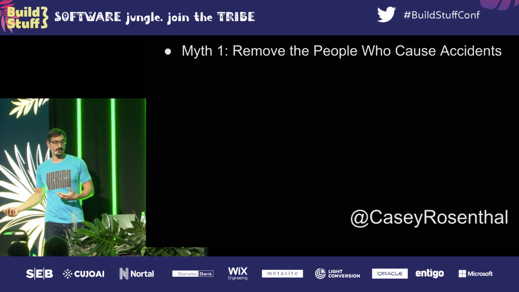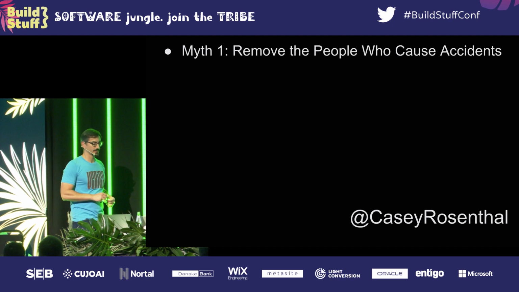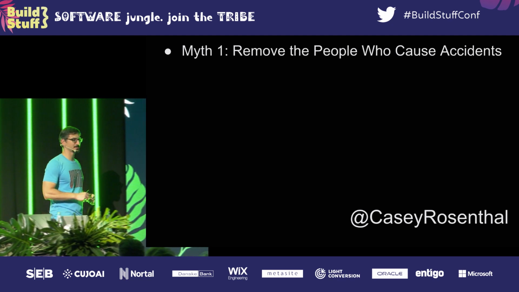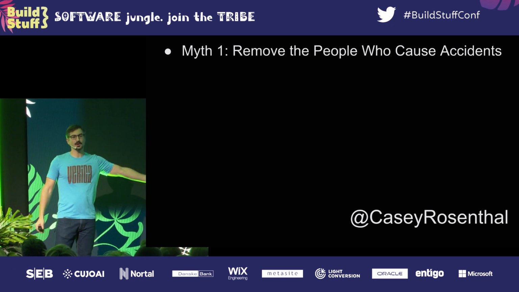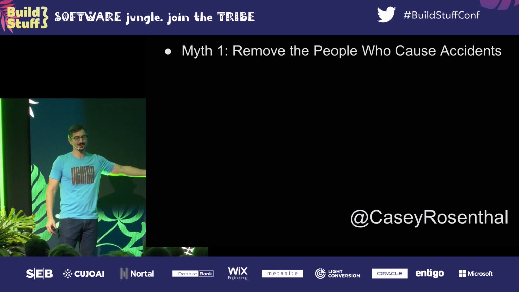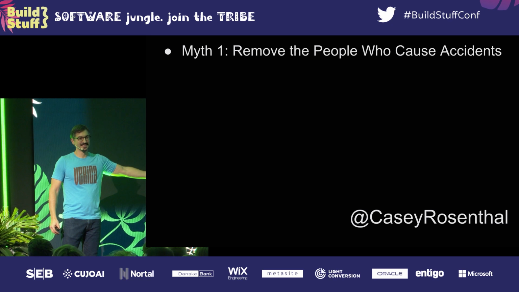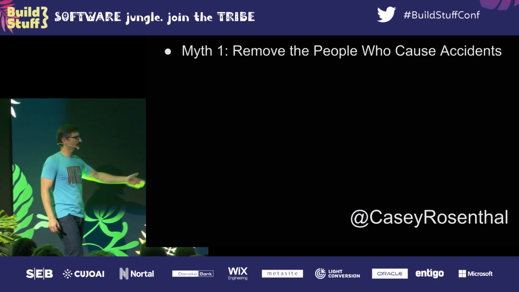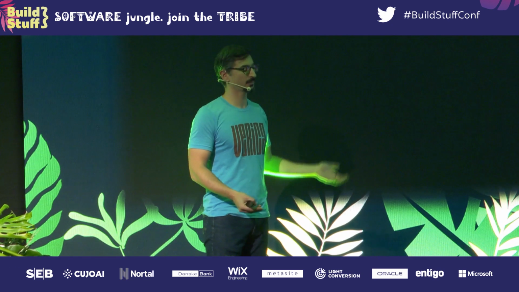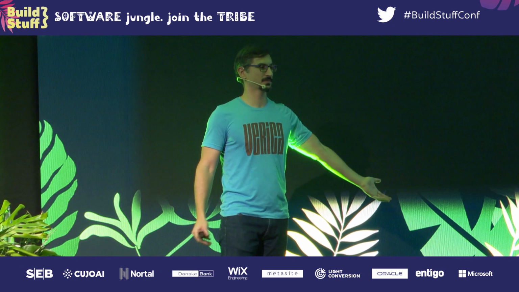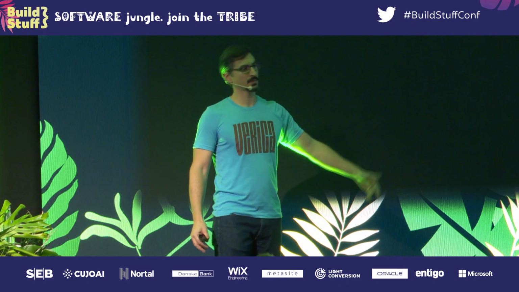In the literature, it's called the bad apples method of management. If you just find the bad apples, like, oh, Joe, he's always there when the server goes down. And because of that geographic coincidence, clearly he's somehow correlated with that. And if we get rid of him, then the outages will go away. A lot of people believe this is true.